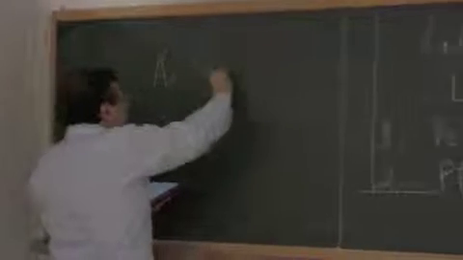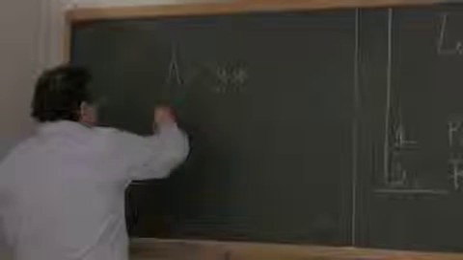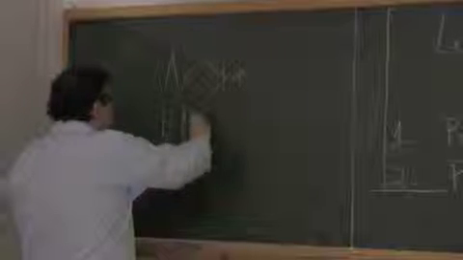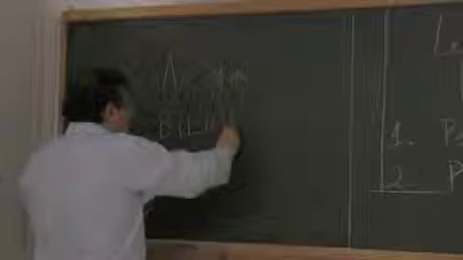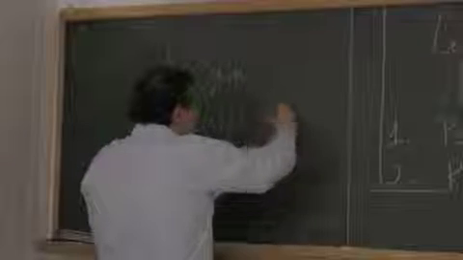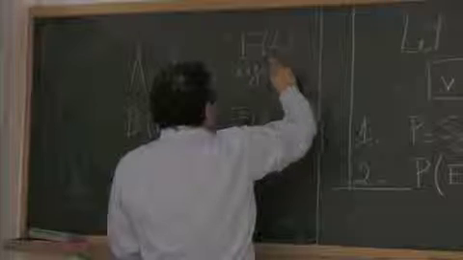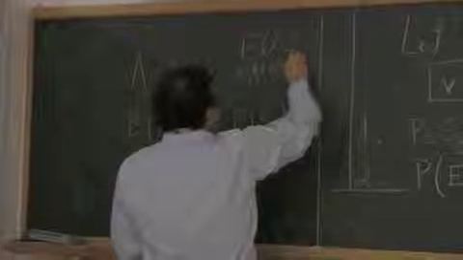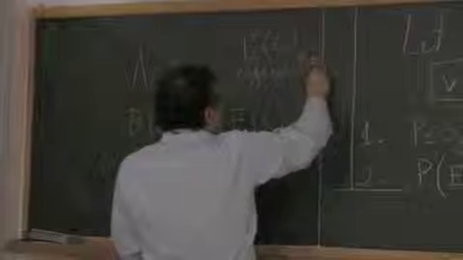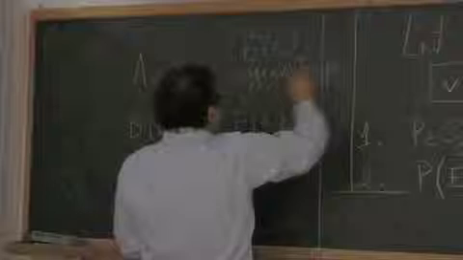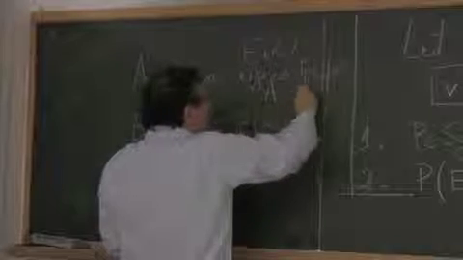So what do we need to prove? If A is symmetric and B of E lambda is included in E lambda, where E lambda is the set of eigenvectors for A relative to lambda.